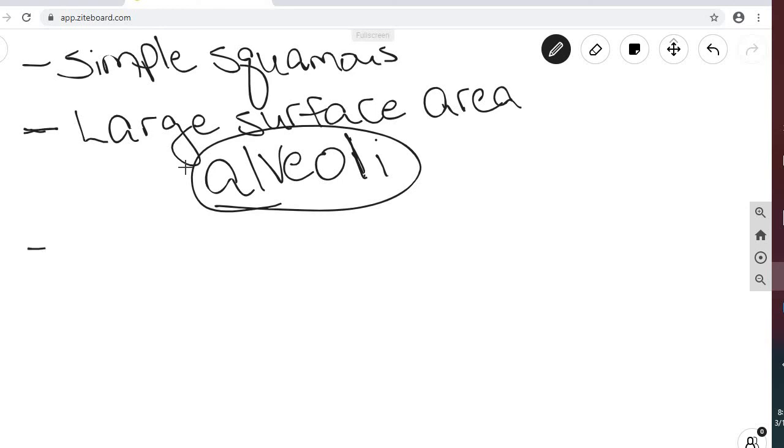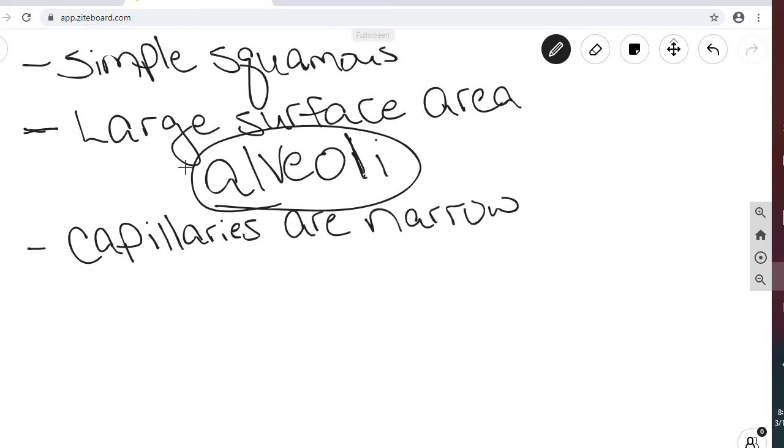The other thing that is true is that in the lungs, the capillaries are narrow. Because those capillaries are even more narrow, it's easy for the oxygen molecules to find the red blood cells to attach to. You might also remember the shape of the red blood cell.